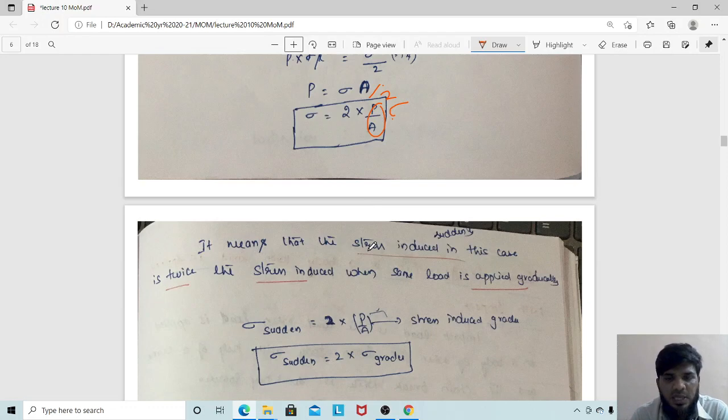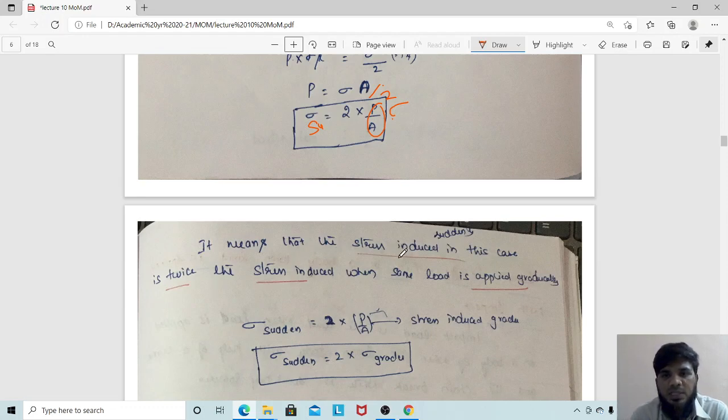Whereas 2P by A is the stress which is induced in a material because of sudden impact, by sudden loading. With this we can correlate the relationship between sudden loading and gradual loading.